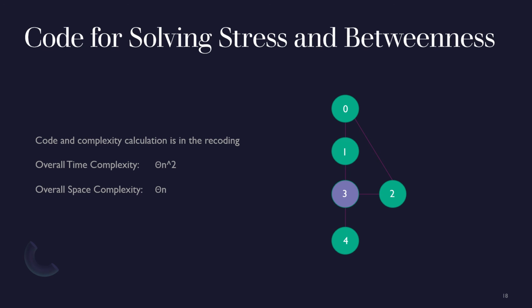So again, when looking at our stress and betweenness value that we solved, we get an overall time complexity of theta n squared and an overall space complexity of theta n, while our stress value was 2 and our betweenness value was 1, which was just 2 over 2.